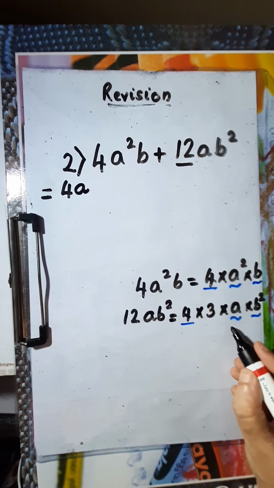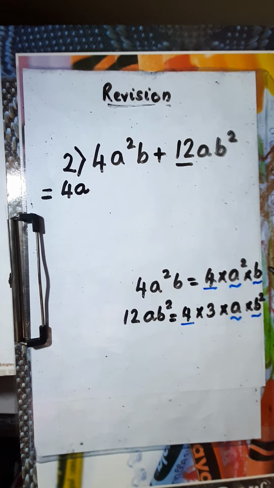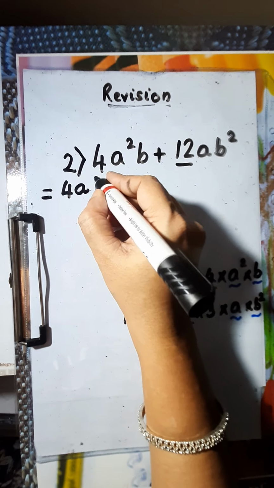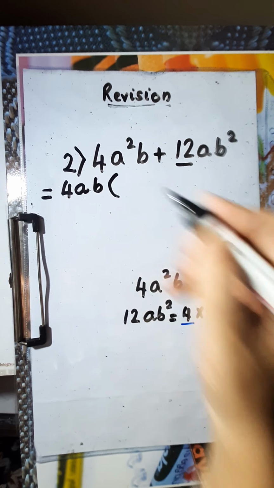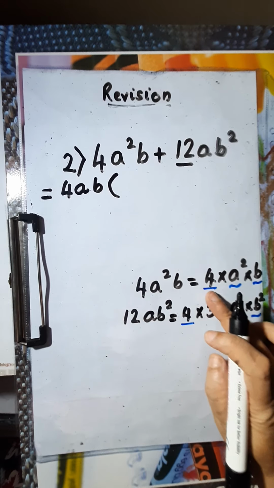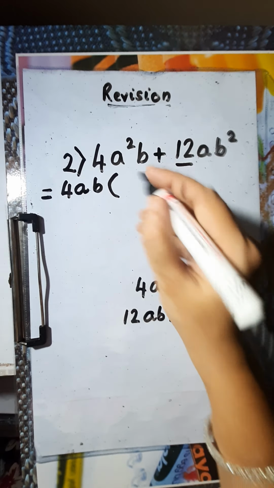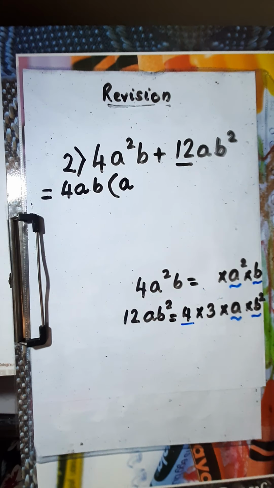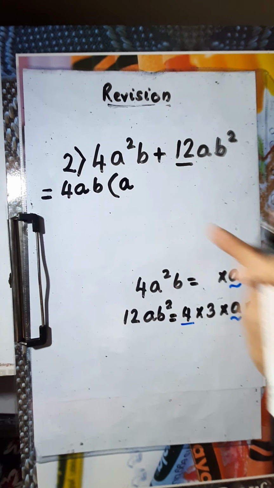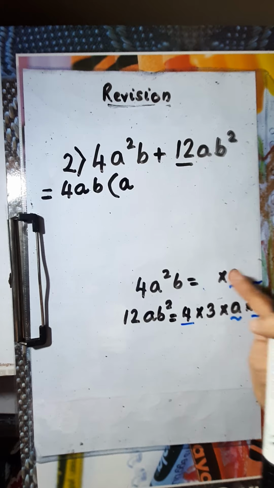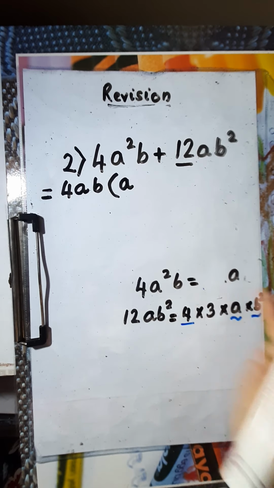Here b and b square, remove the lower power common. Now 4 is gone. Now a square, I have removed a, so 1a is left. I removed b common, so only a is left behind.